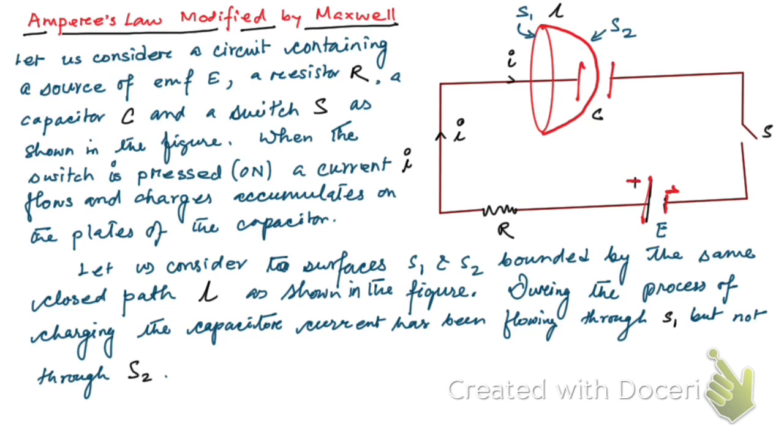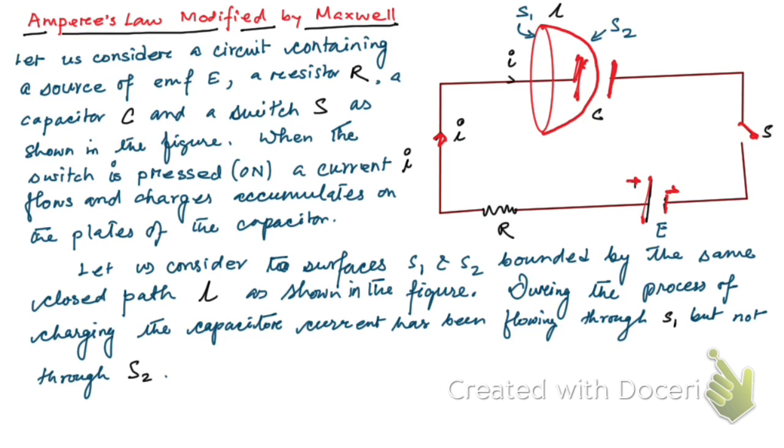This is a battery of EMF E, and here is the switch, and when the switch is on, current I flows through it. Here I have assumed a boundary L that bounds two surfaces, S1 and S2, where S2 is hemispherical and S1 is plane, and here C is the capacitor.